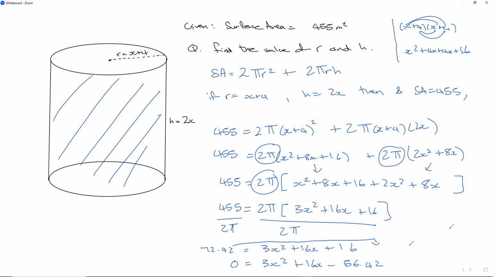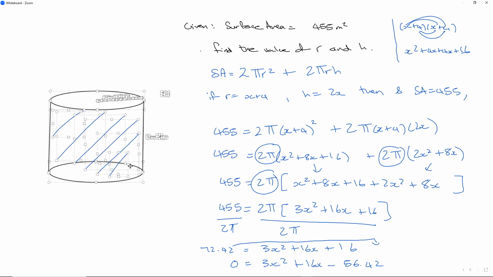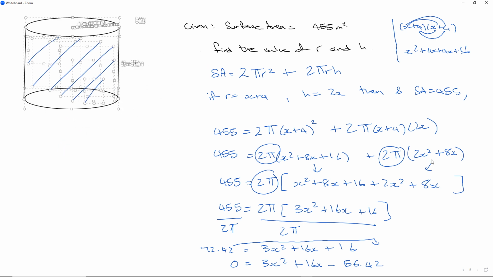So now I have this quadratic which I need to solve. And I'm going to use my quadratic formula and substitute into the quadratic formula slowly with a, b, and c. I'm just going to make some space, and let's write that over here. So I've got 0 equals 3x squared plus 16x minus 56.42. A is equal to 3, B is equal to 16, and C is equal to negative 56.42.